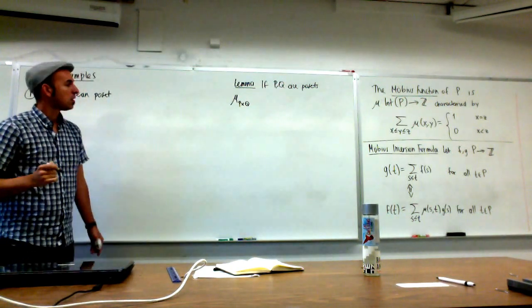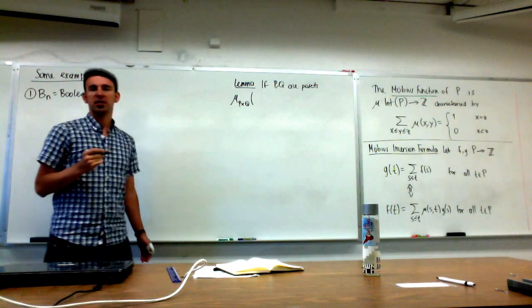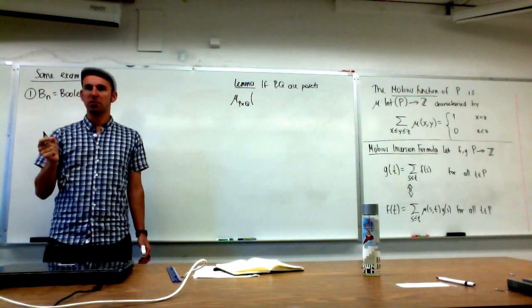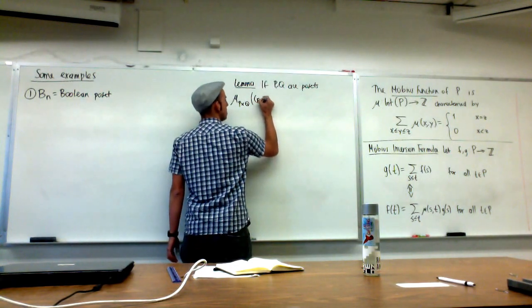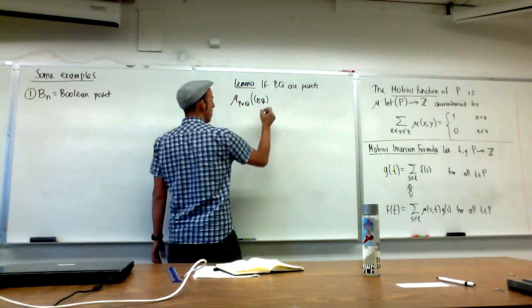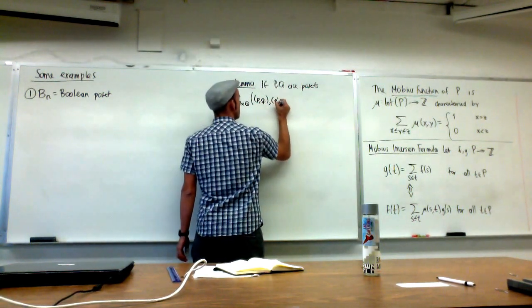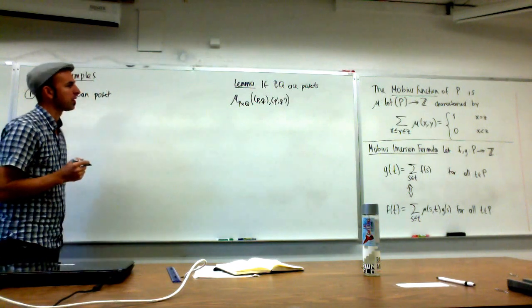Okay. Now, what's an interval in P times Q? Well, first of all, remember that the elements of P times Q are pairs of something in P and something in Q. So that's one element. And now I need to go to a bigger element.